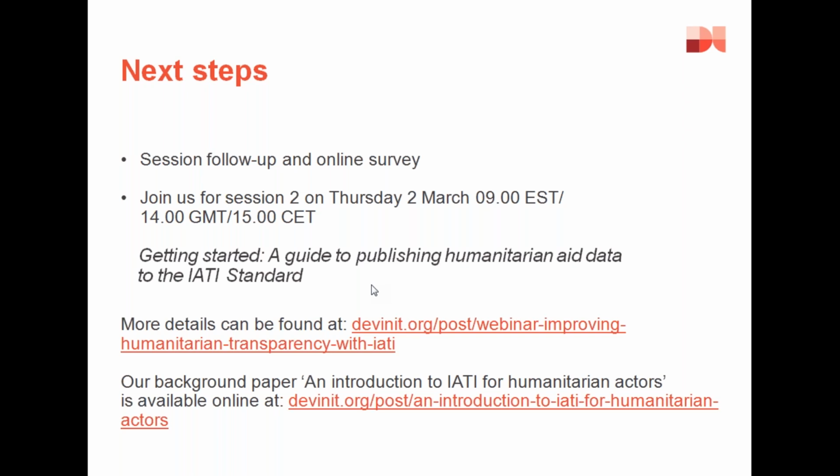If this has whetted your appetite on publishing your information to IATI, please do join us for session 2 on Thursday, the 2nd of March. It's the same time. This session will explain how data is published, the types of information required, going into a bit more detail, and what kind of monitoring and support is available to publishers.